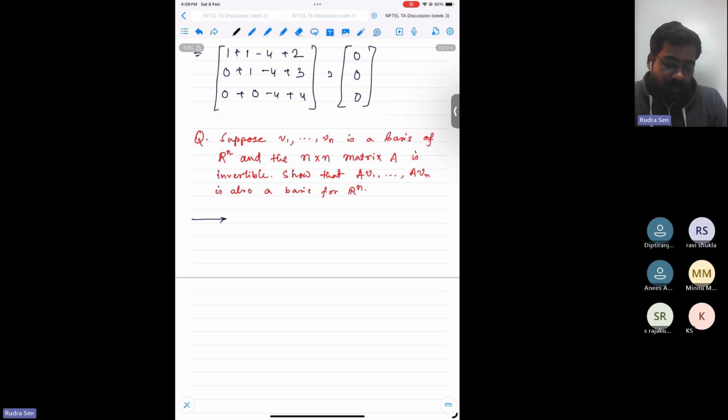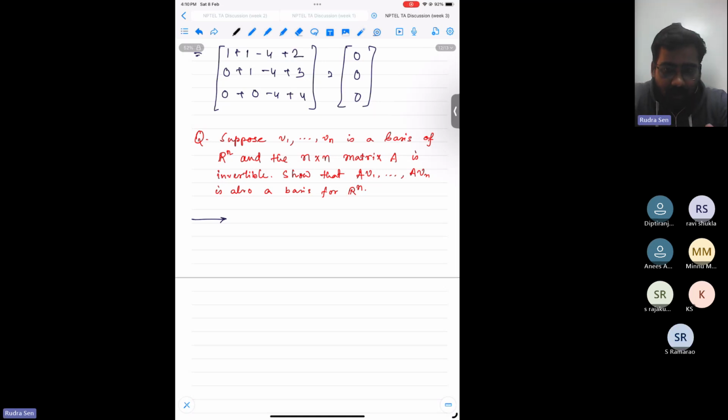This question says V1 to Vn is a basis of Rn, which means it is an n-dimensional system, and the number of basis vectors is n. So that's why V1 to Vn.